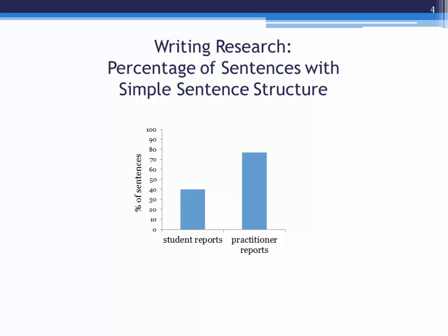You can see that the majority of sentences in practitioner reports have simple structure, but student reports don't. In other words, student writing uses more complicated sentences. In engineering practice, complicated sentences are more likely to make writing unclear and to make clients unhappy. Unclear, complicated sentences also make university instructors unhappy, though they might not be as vocal about it.